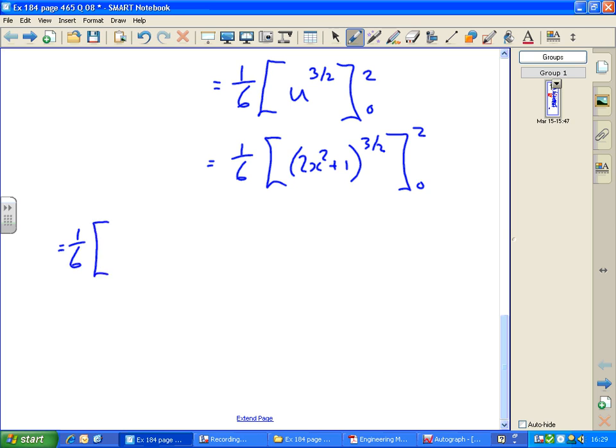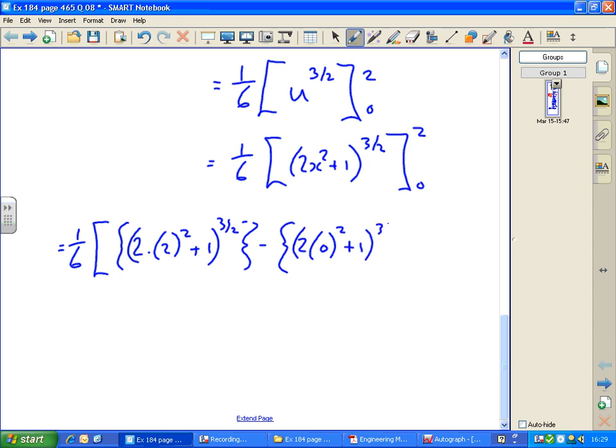1/6 of, putting the top limit in first, so this is 2 times 2 squared plus 1 all to the power 3 over 2, minus, putting the bottom limit in, which is 0, so this will become 2 times 0 squared plus 1 all to the power 3 over 2.